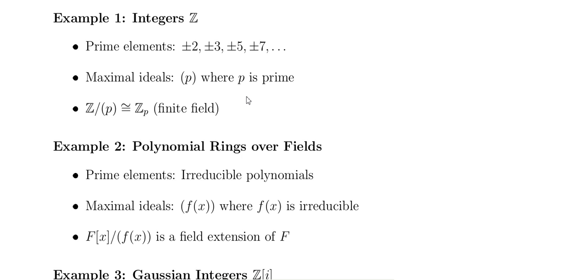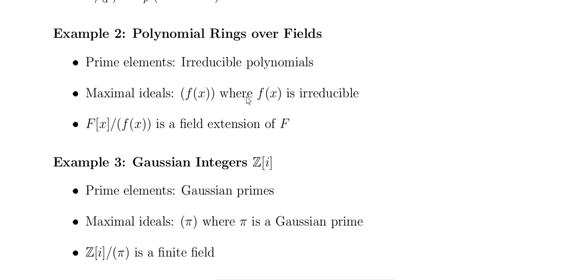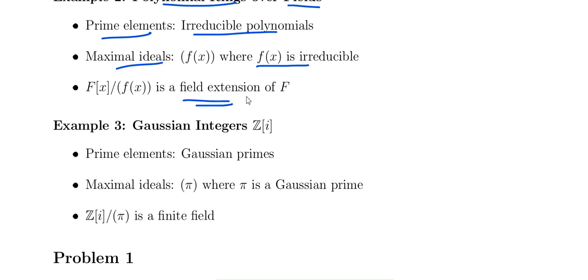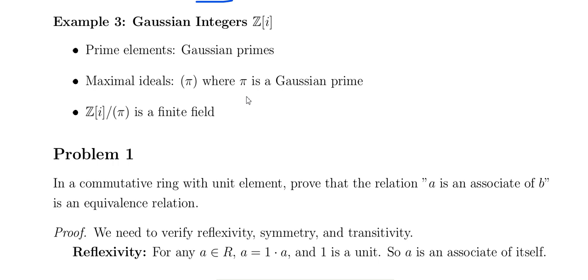The maximal ideals are generated by prime numbers, and we also know that Z by (p) is isomorphic to Z_p. Similarly, in a polynomial ring over a field, the prime elements are the irreducible polynomials. The maximal ideals are generated by f of x, where f of x is irreducible, and F[x] by (f of x) is a field extension of the field F. And in the Gaussian integers, the prime elements are the Gaussian primes; the maximal ideals are generated by pi, a Gaussian prime, and Z[i] by (pi) is a finite field.